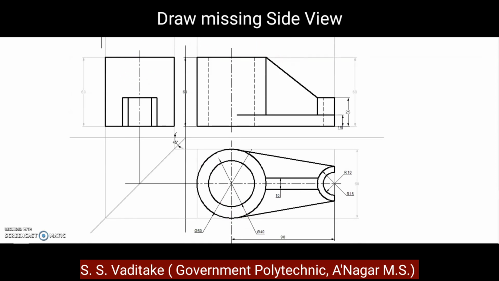So here from this point go 20 millimeter toward the left and draw this vertical line which will indicate the hidden portion. And again draw this another dotted line. This cylindrical hole is shown by dotted line.